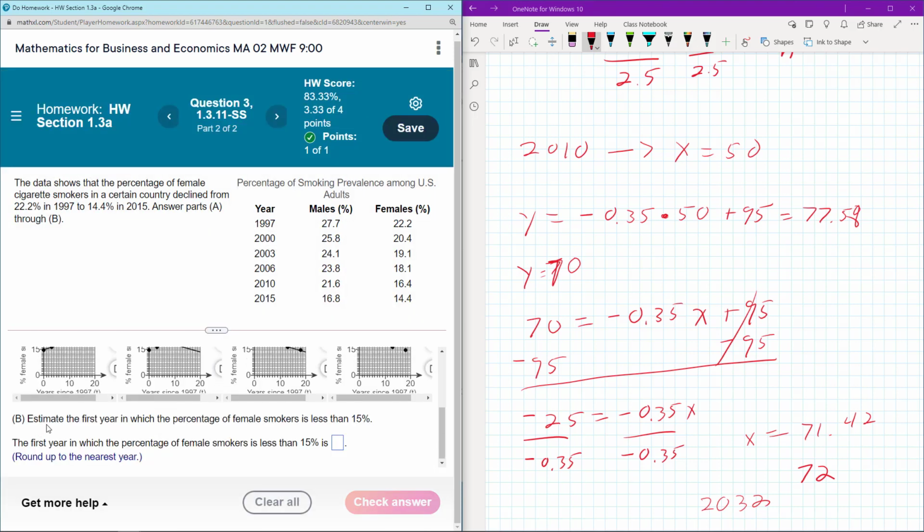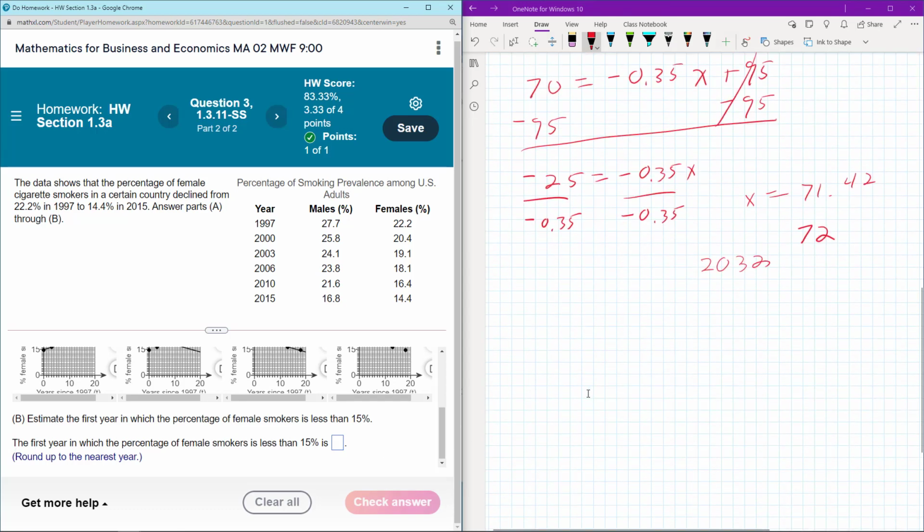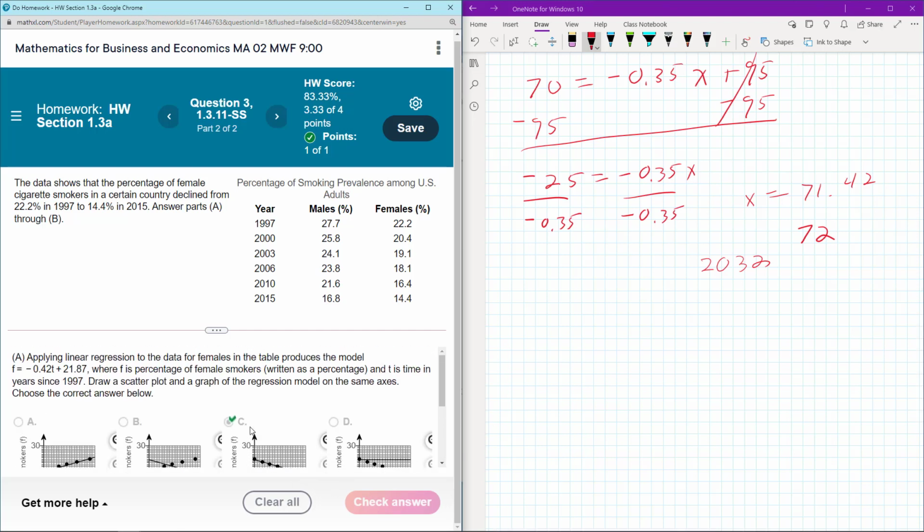Now here we want to estimate the first year in which the percentage of female smokers is less than 15%. And of course, we want to round up to the nearest year. So our regression model is F is equal to negative 0.42t plus 21.87, where F is a percentage.